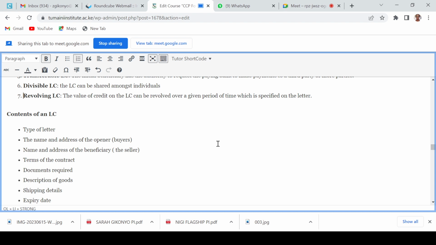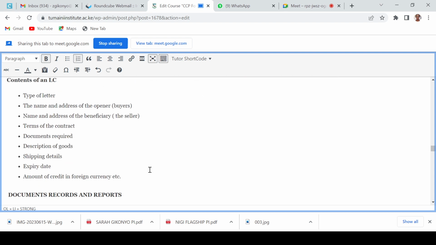Revolving, divisible, and confirmed. The name and the address of the buyer, name and address of the beneficiary, that is the seller. Terms of the contract, tumesema hiyo yote. Documents required to support the LC, description of the goods, shipping details, expiry date, amount of credit in whatever foreign currency or local currency. So ita detail hizo mambo zote pale.